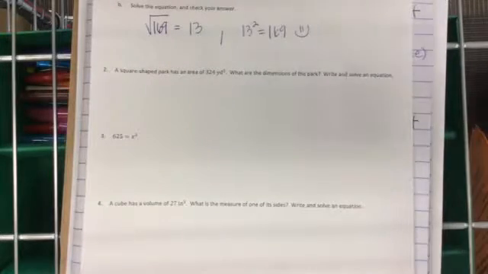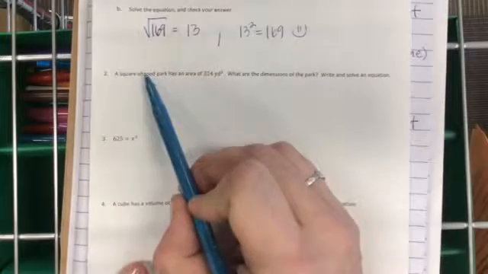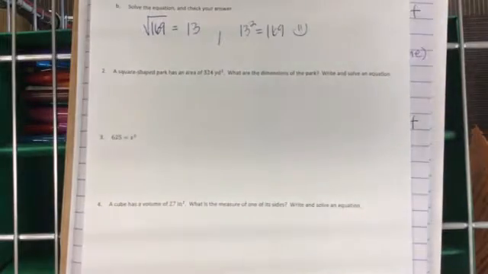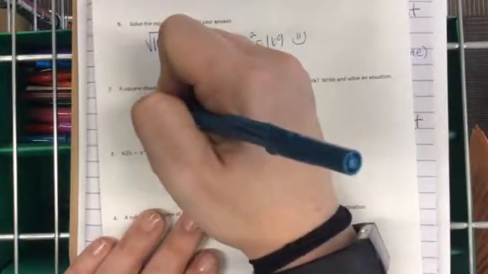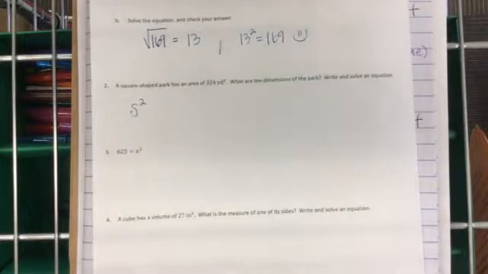All right, number 2. A square-shaped park has an area of 324 yards. What are the dimensions of the park? Write and solve an equation. What do you do to find the area of a square? Base times height, and since it's a square, the base and height are the same number. So what's the formula? Side squared. Side times side.